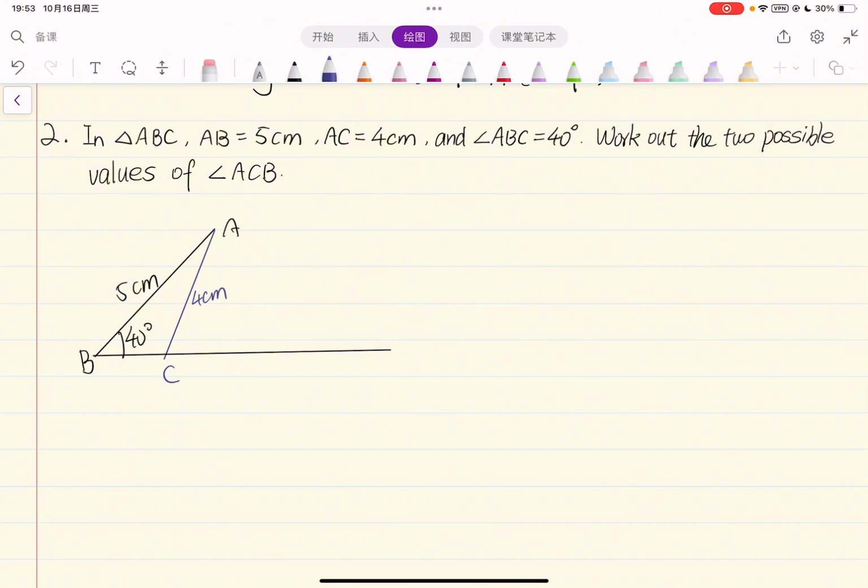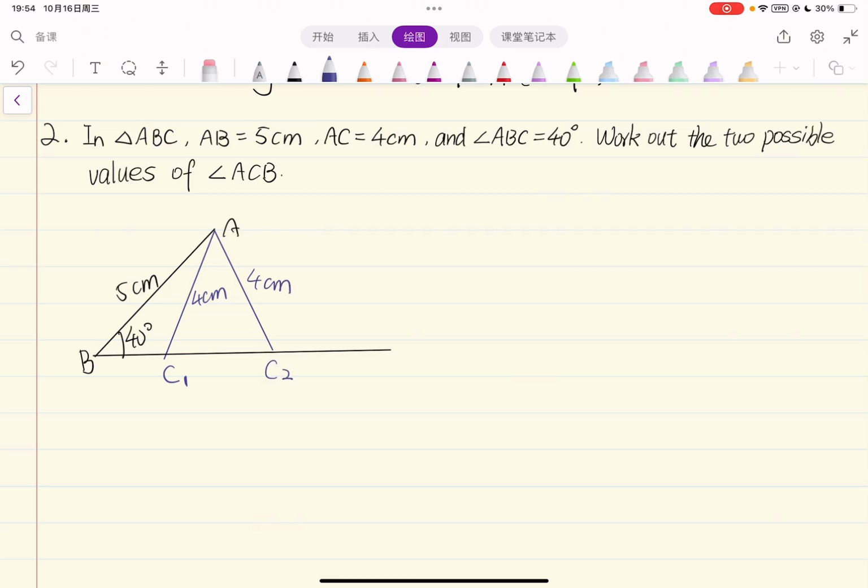But if you think of A as the center of a circle and AC as the radius, we can have another point C. Here we see this one is C1. We have another length of 4 centimeters, another point C2.